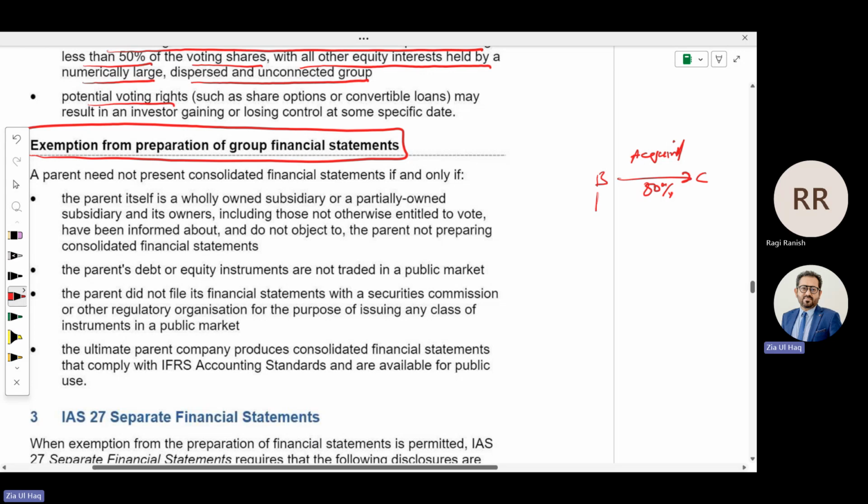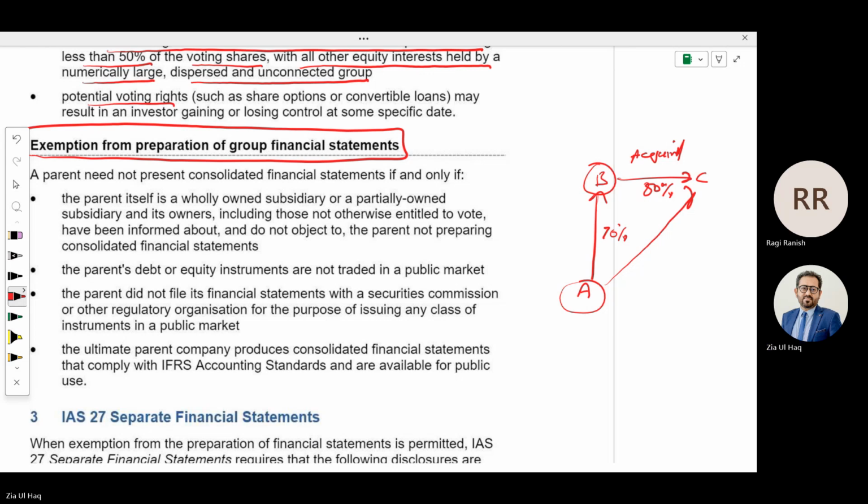If B is acquired by another company A with say 70%, A is parent, B is also parent, but as B is a subsidiary of A as well, and C is a subsidiary of B as well as A. Because B is a subsidiary of A, whatever is under B is of A as well.